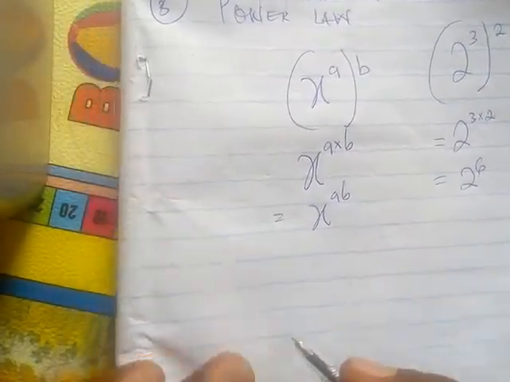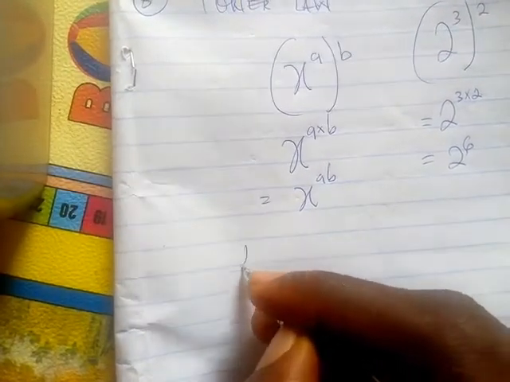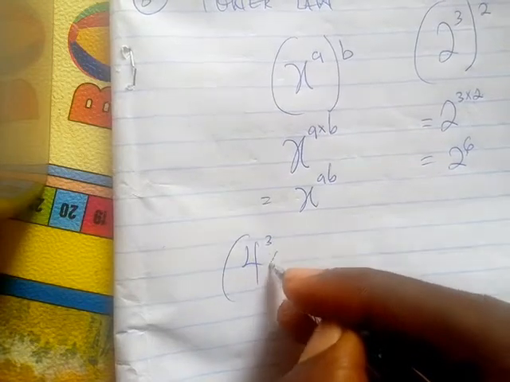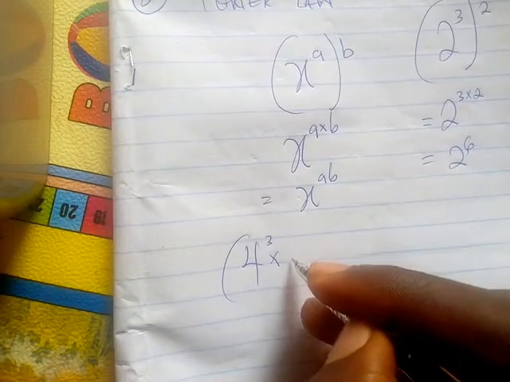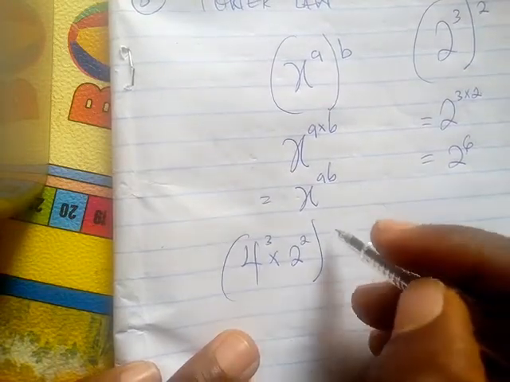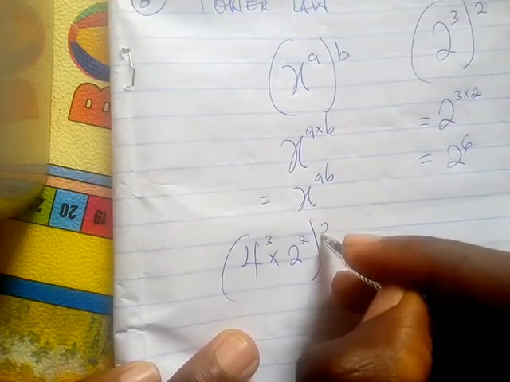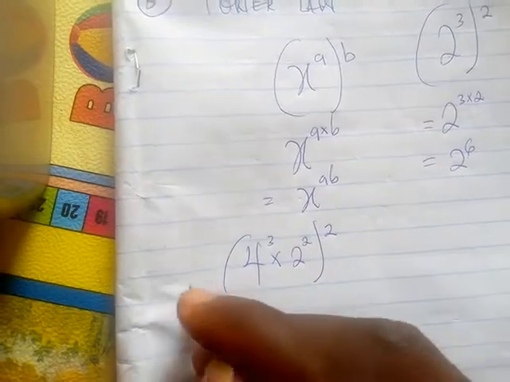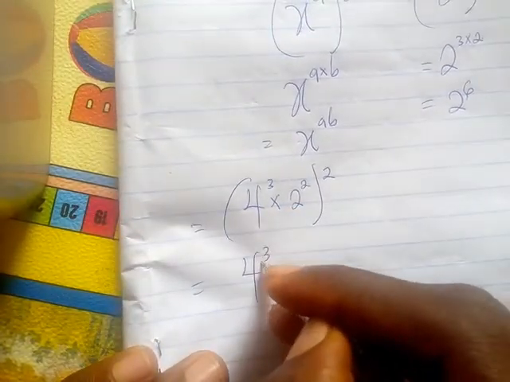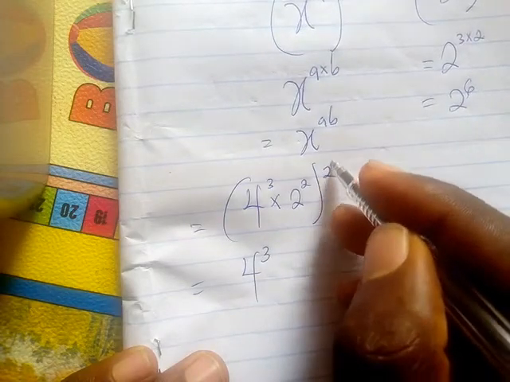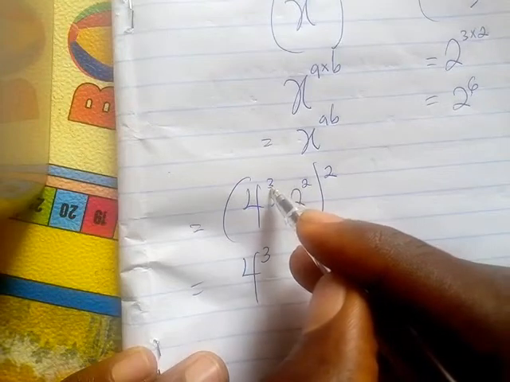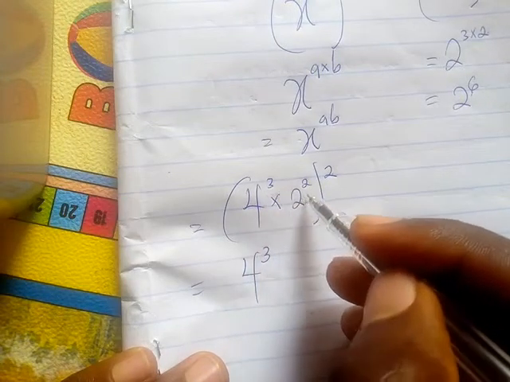Now let's say you have 4 raised to the power 3 times 2 raised to the power 2, then everything is still raised to the power of 2. So how do you solve this? This becomes 4 raised to the power 3 times 2, because this outside power affects everything inside here, affects the power of 4, affects the power of 2.